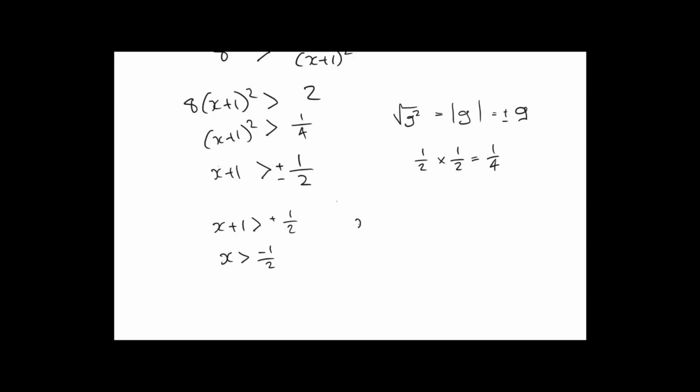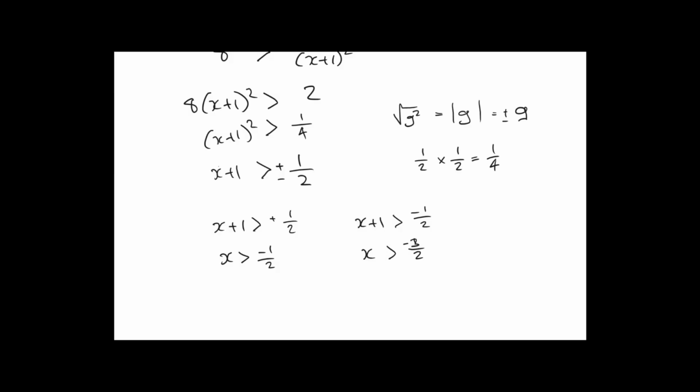And the other one is going to be x plus 1 greater than negative a half. So x must be greater than, no, it's not. It's going to be 3 over 2, isn't it? Because negative half minus 1 is minus 3 over 2.